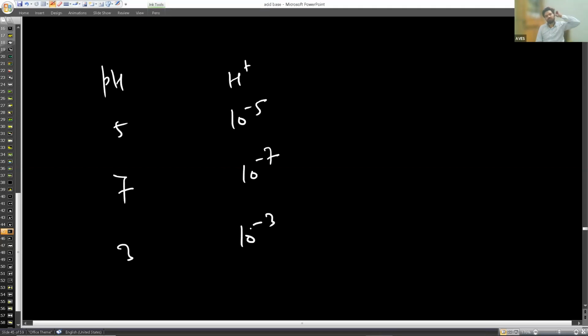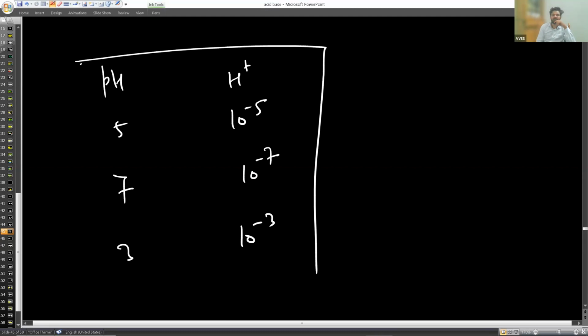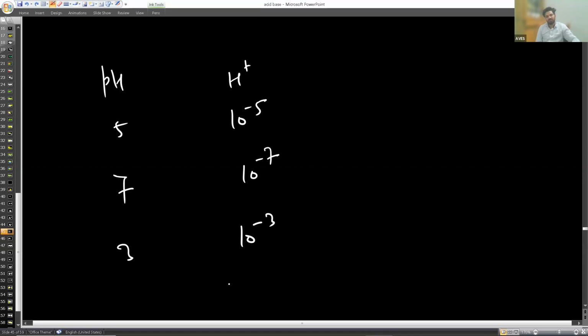Understood? Yes, sir. Same way, if the pH of a solution is 13, the H plus ion concentration will be 10 to the power minus 13. Got it? Yes, sir.